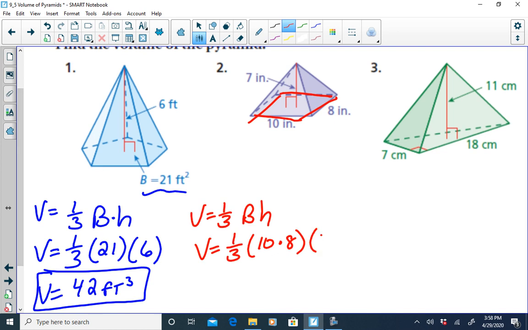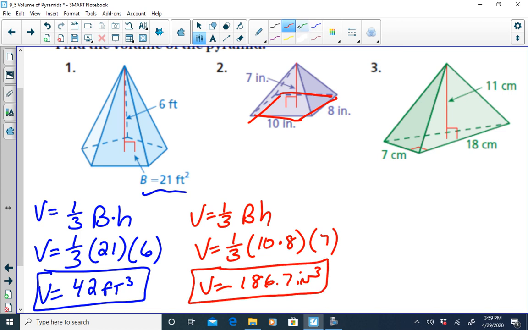Height of the pyramid is 7. So the volume is going to be 1/3 times 10 times 8 times 7, or because it's a rectangular pyramid, it's 1/3 length times width times height. So that's going to be 186.7, and those are cubic inches.